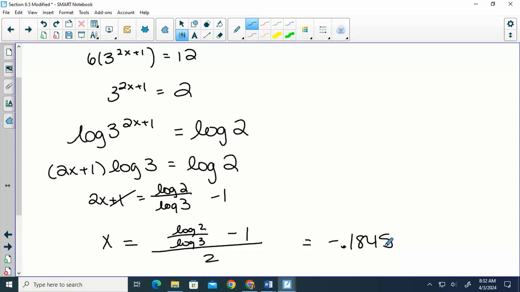To the negative 0.1845. Is that okay? I want to go to E.